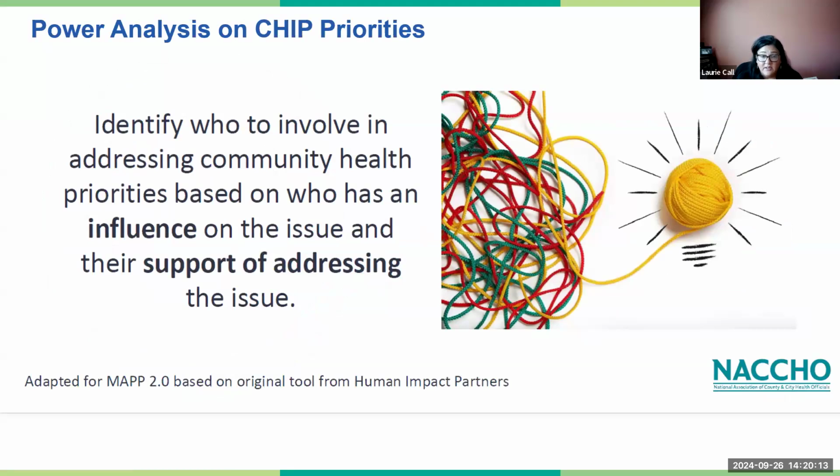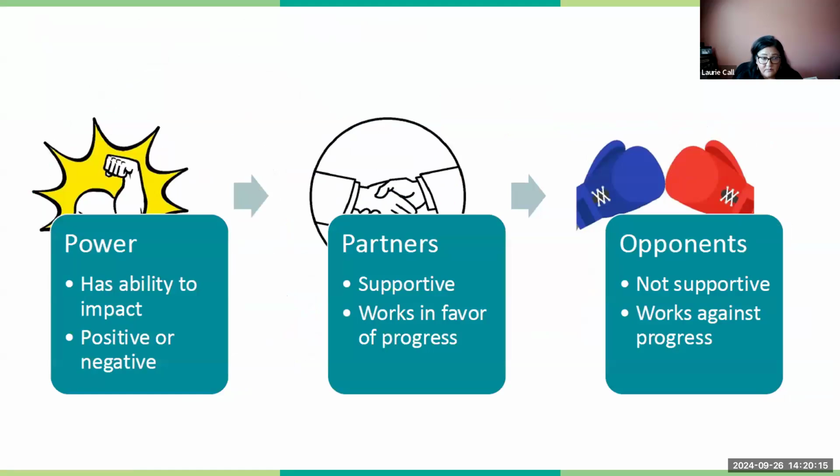That's what we're really trying to determine here. So we look at who has that power, positive or negative: who are the partners, who's supportive, who's working in favor, and who are the opponents, not supportive and working against.